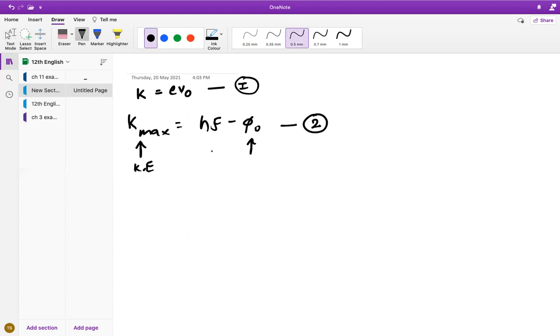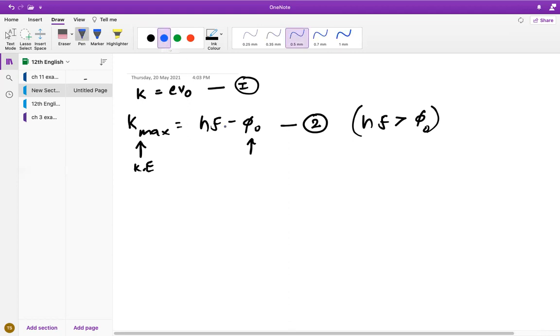So for this expression we must have hf greater than phi naught. If it is greater, then I can say my value is maximum.